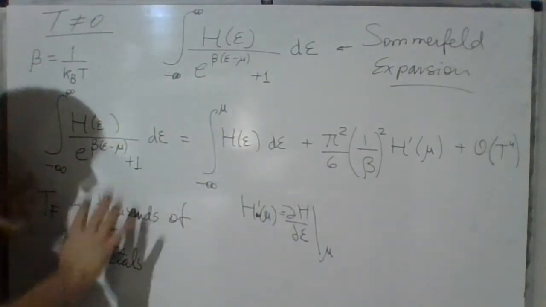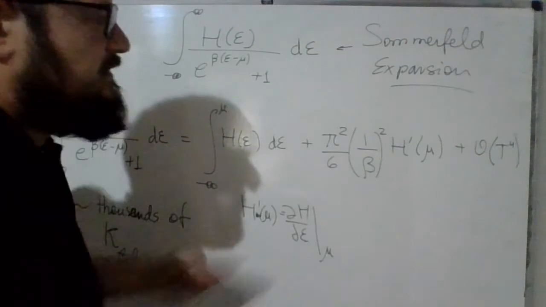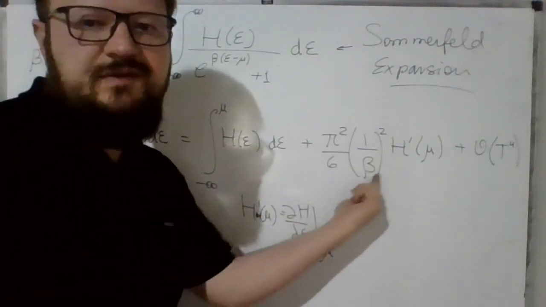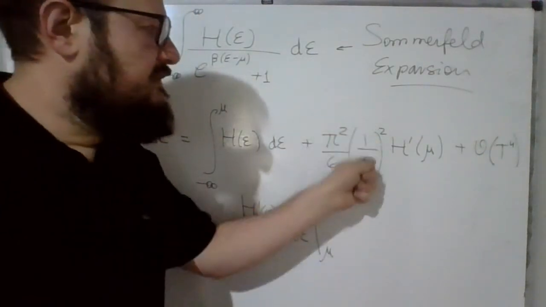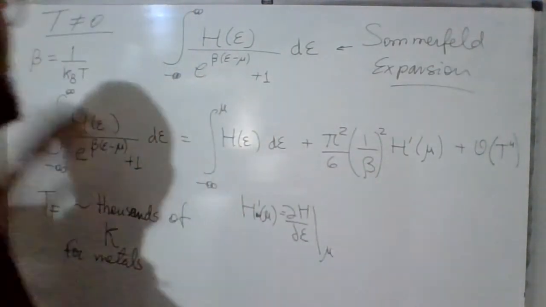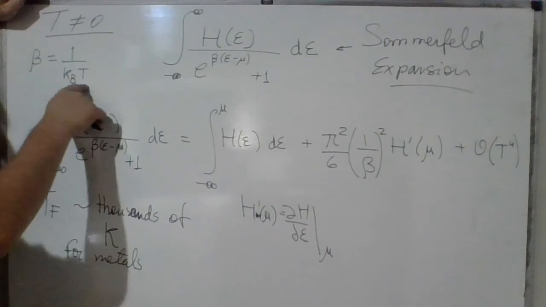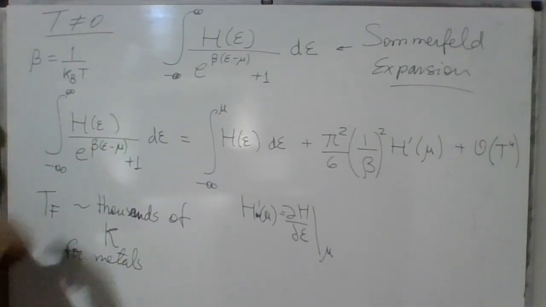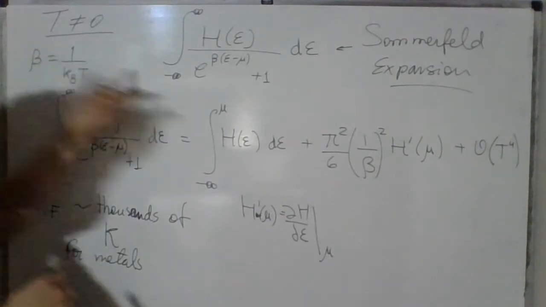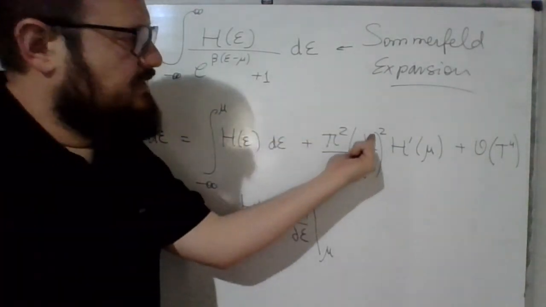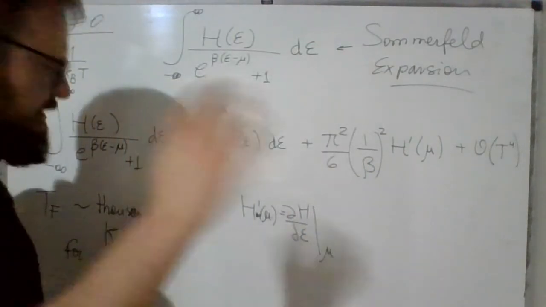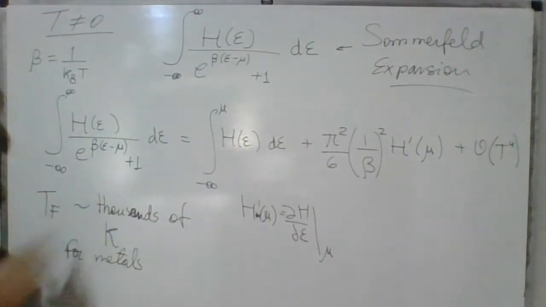So it is justified to stop at second order in the 1 over beta, because for small temperatures 1 over beta is just the temperature, and you can use this fact here.